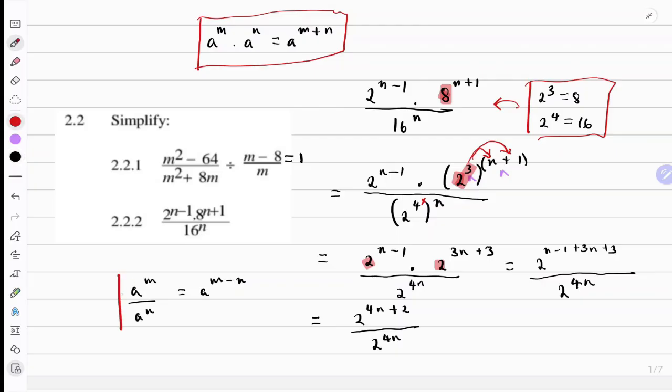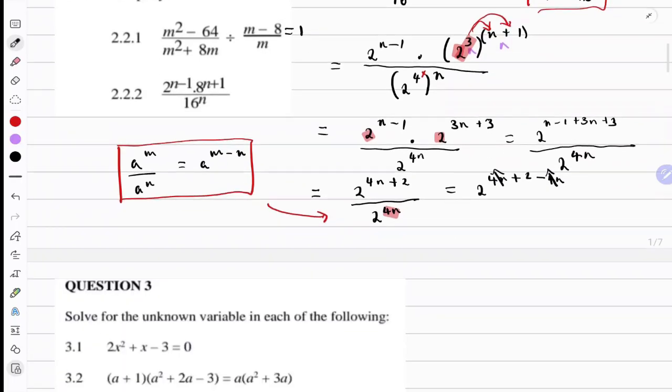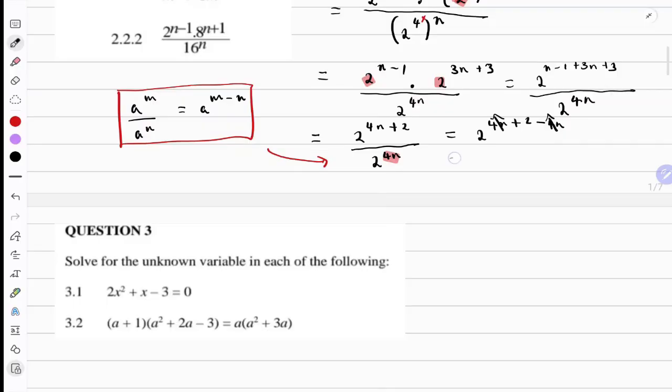So this expression can be written as 2 to the power of 4n plus 2, and if you take 4n up, it becomes minus 4n. So 4n minus 4n cancels, and we're left with 2 to the power of 2, which is equal to 4.